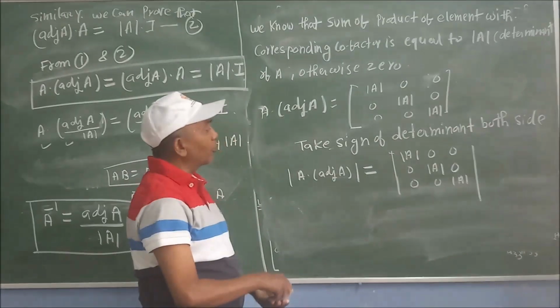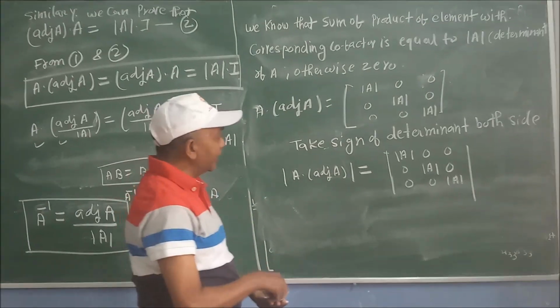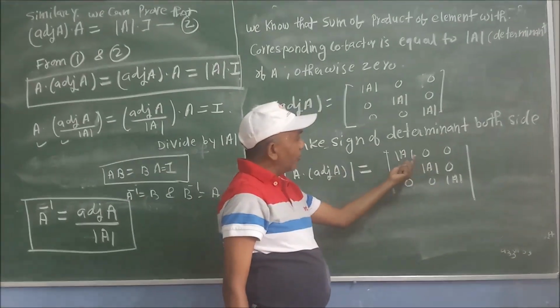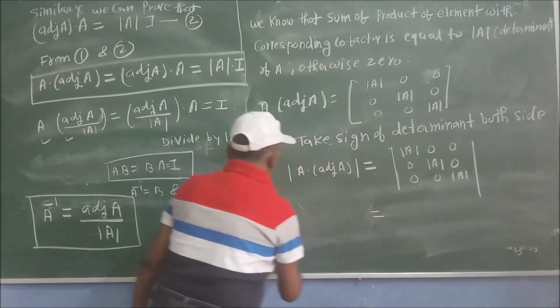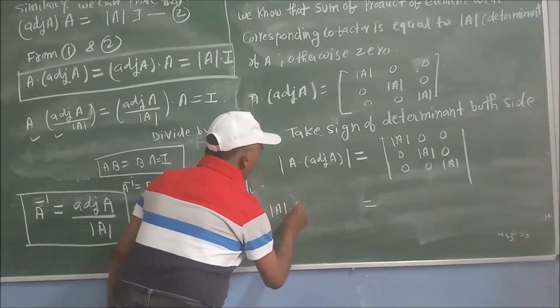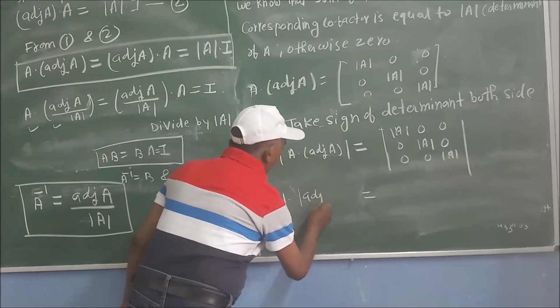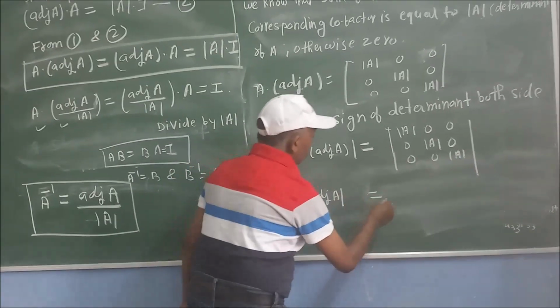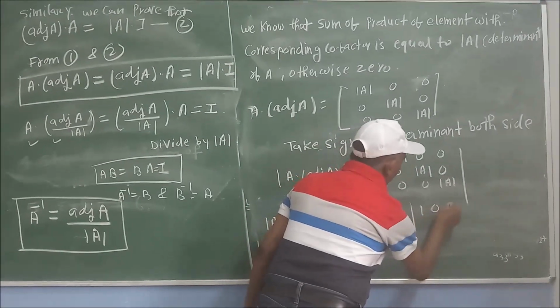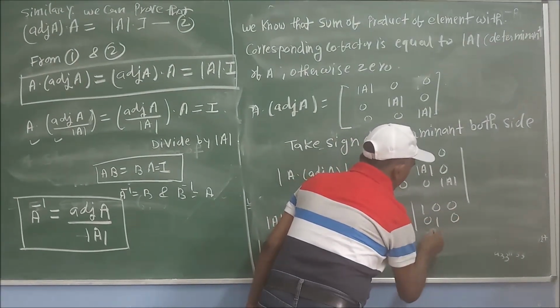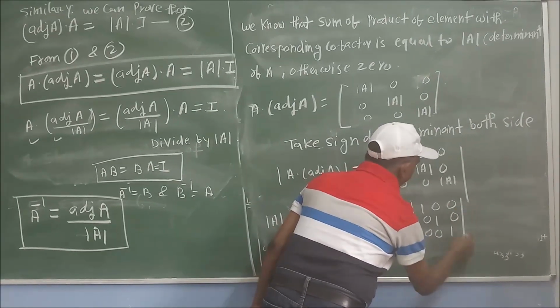So use the property of determinant, and if we take determinant of A common from R1, R2, R3, this can be written as determinant of A into determinant of adjoint A is equal to determinant of A cubed into the determinant of 1 0 0, 0 1 0, 0 0 1.